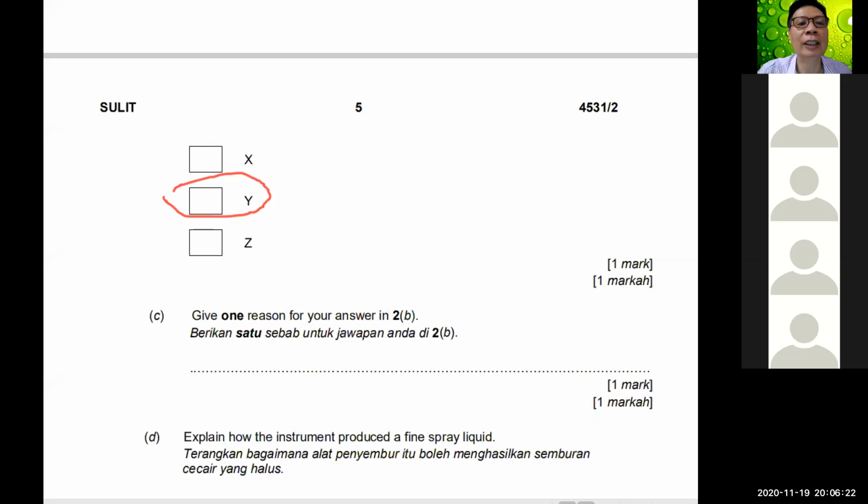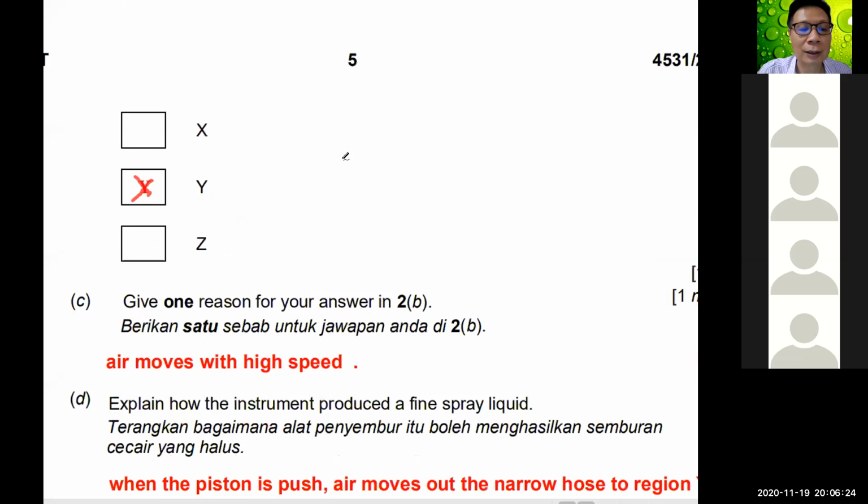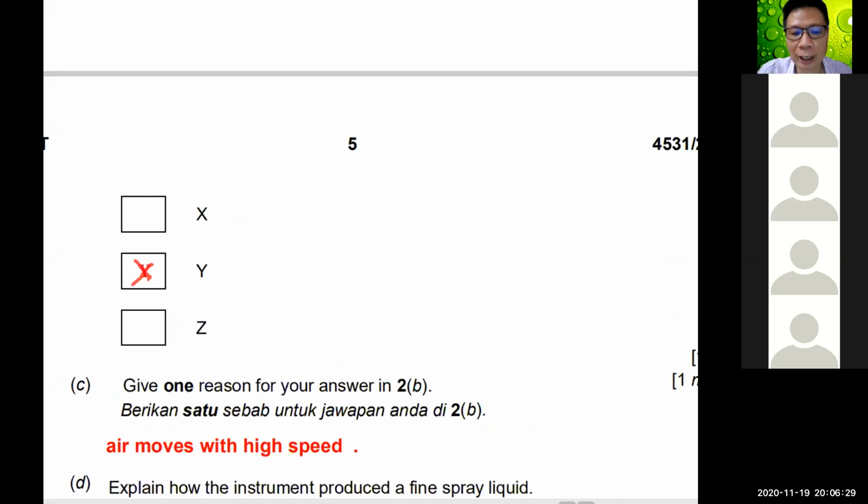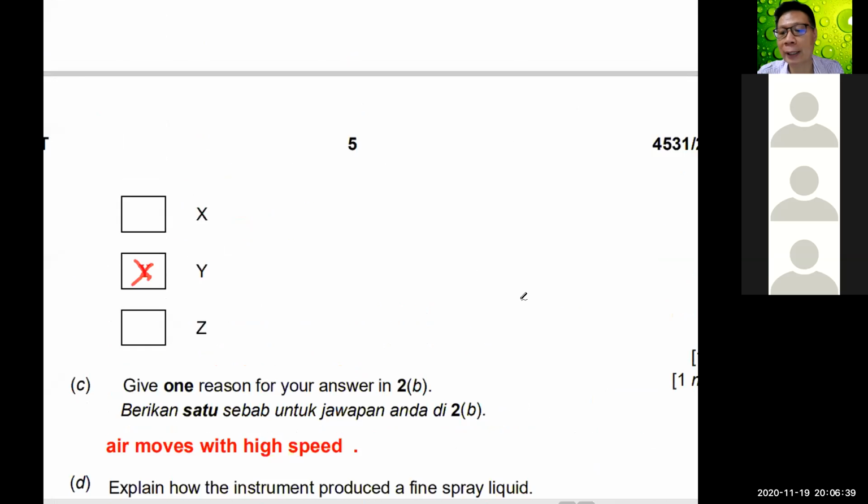Yes, correct, very good. Because the air moves with high speed at that area, because the tube there is narrow, so it becomes low pressure. Remember Bernoulli's principle always says: high speed, low pressure.